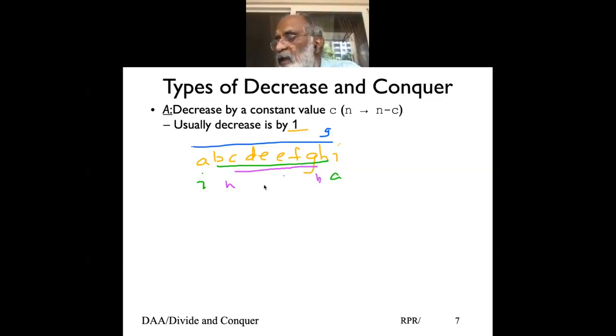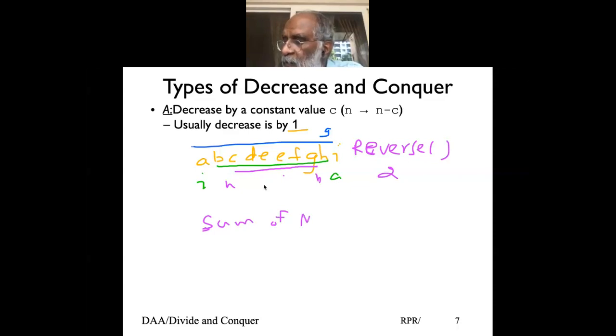So in this case of implementing a reverse of a string, we are reducing by 2. In the case of sum of n numbers, we are decreasing by 1.